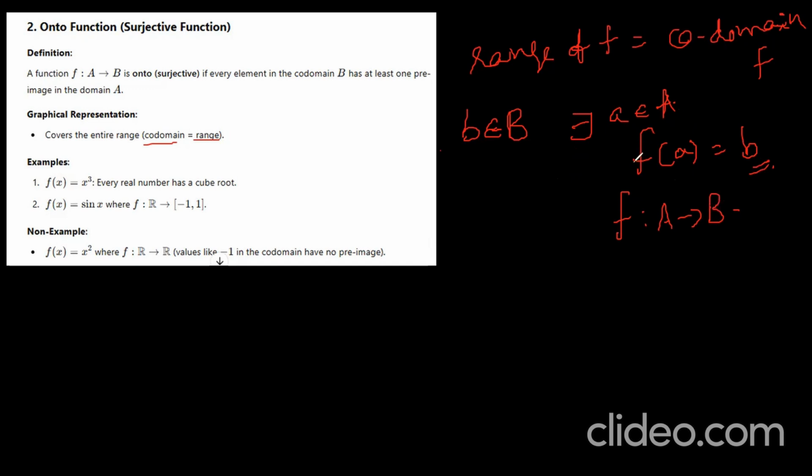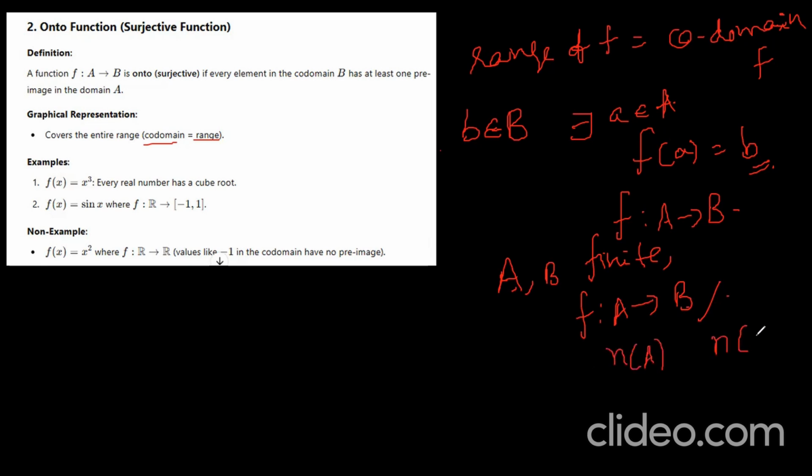Suppose I am taking A and B finite, what happens? A and B are finite sets. Then f maps A into B, if you observe, is no doubt a surjection, correct? It is onto. But what about n of A and n of B?